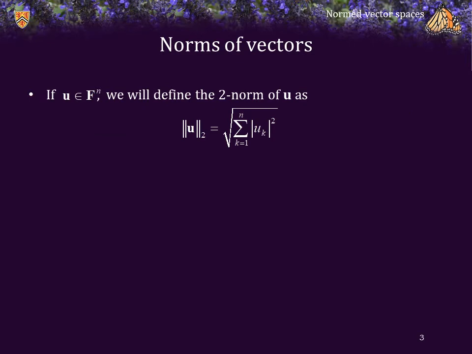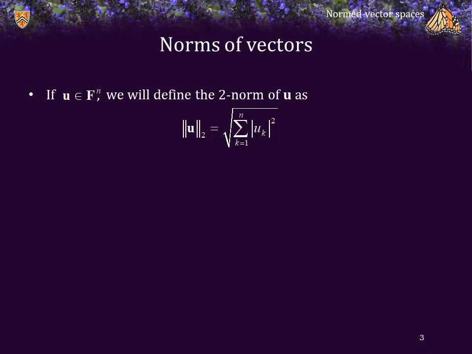We will define the 2 norm of a vector in the finite dimensional vector space of n-dimensional vectors with entries in the field F as being the square root of the sum of the squares of the absolute values of the entries.